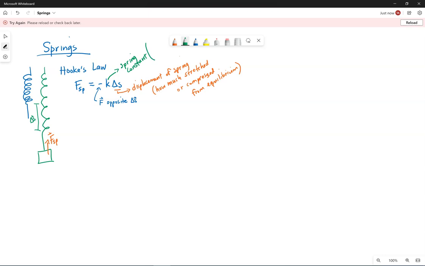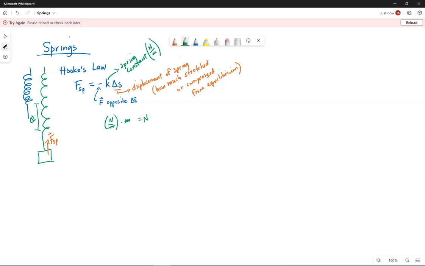It does have units. It has to have units of newtons per meter, because we're going to multiply by a displacement to get the force. Newtons per meter times the displacement in meters is going to give us newtons, thus the force of the spring.